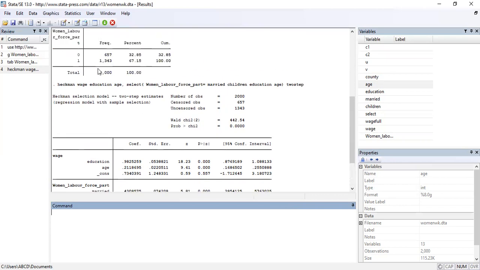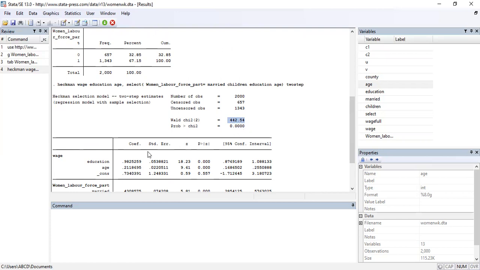You can see the uncensored observations are those who are participating in the labor market, and censored observations equal to 657 are those not participating in the labor market. Here the Wald chi-square is very high, and the probability of the chi-square is 0.